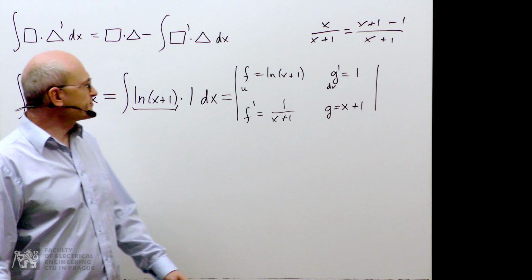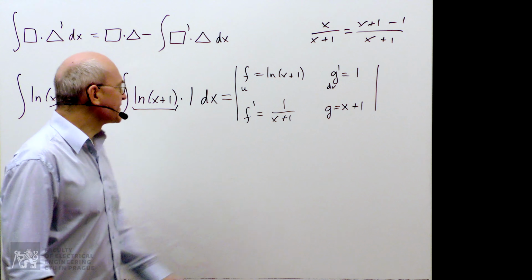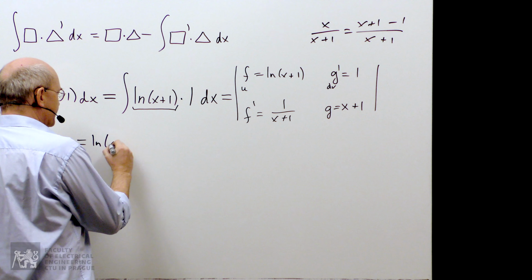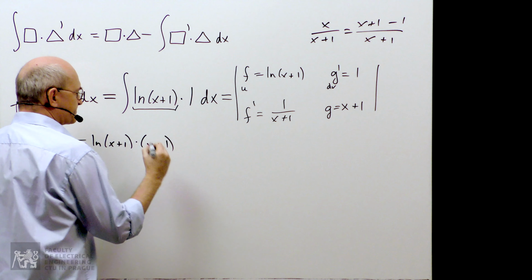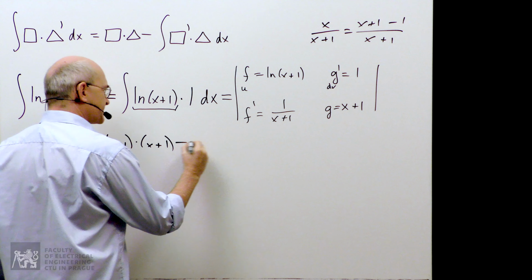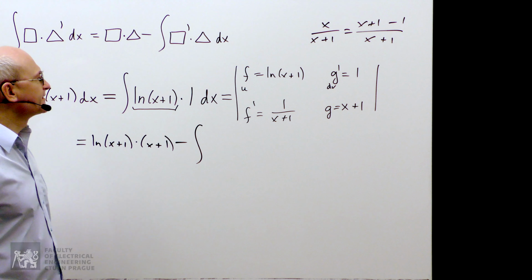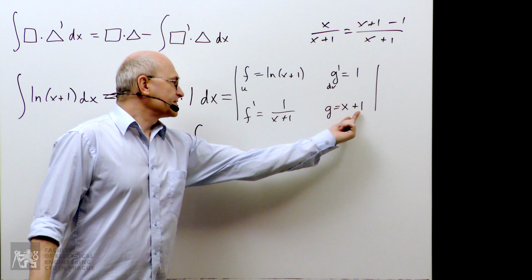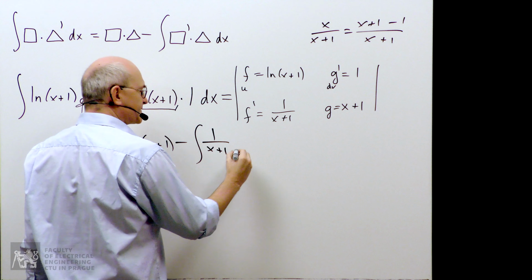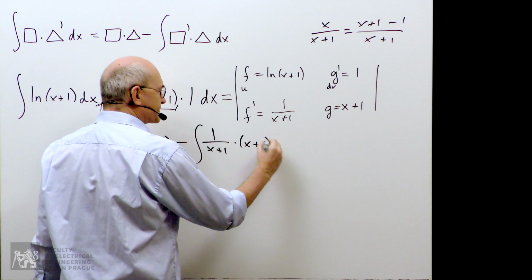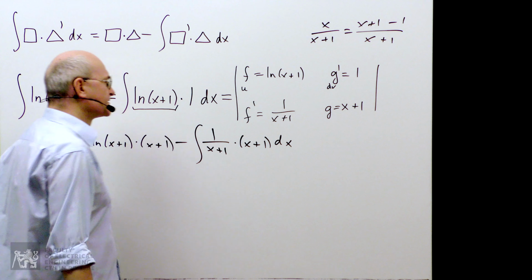Okay, integration by parts. These two are multiplied. Logarithm of x plus 1 times x plus 1, minus the integral. And here we combine these two: 1 over x plus 1 times x plus 1 dx.